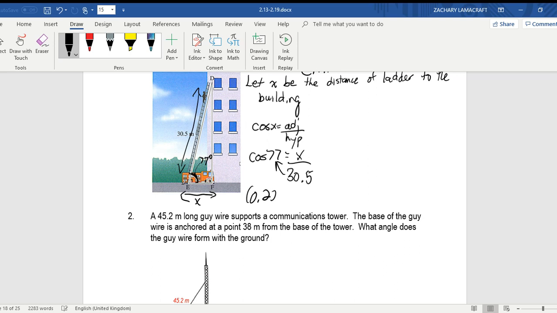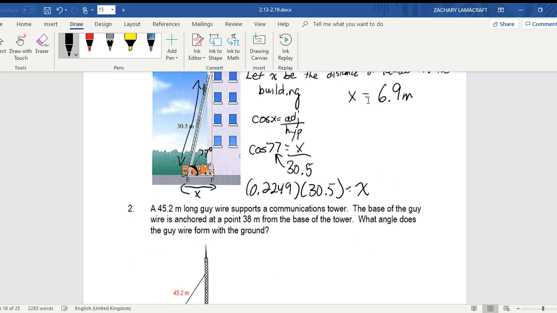So 0.2249 multiplied by 30.5 is going to give us the answer to x. And in this case, x would be equal to 6.86, so it's actually going to be rounded to 6.9 meters long.